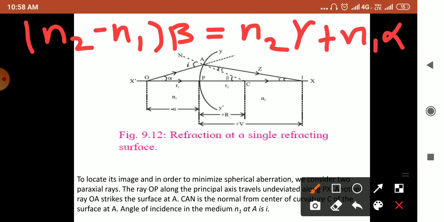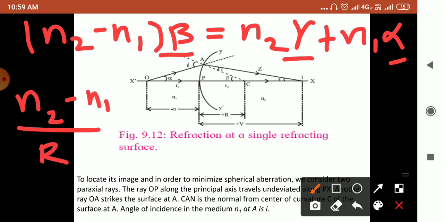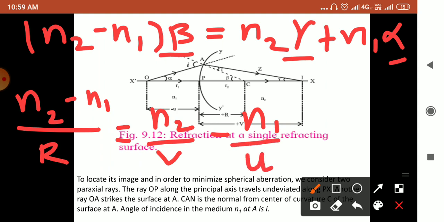Substituting the values of beta, gamma, alpha and arc AP, we get the equation n2 minus n1 upon r, which is equal to n2 upon v minus n1 upon u.